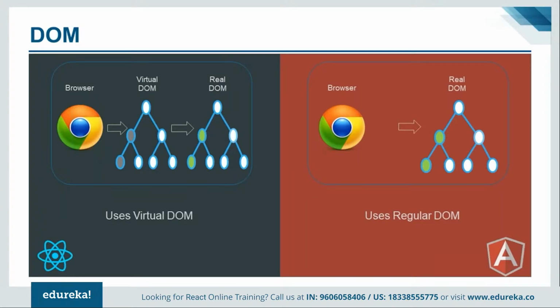Okay, the whole layout is going to be stored in a tree format, and then it will be manipulated. Okay, so DOM is inherent, and both Angular and React are dependent on that. But as I said, since React is using a virtual DOM, that basically means that it is using an additional DOM data structure for doing the processing, which gives an advantage. Okay, so I hope that clarifies your question. Yeah, thanks, Vijay. So let's move forward.